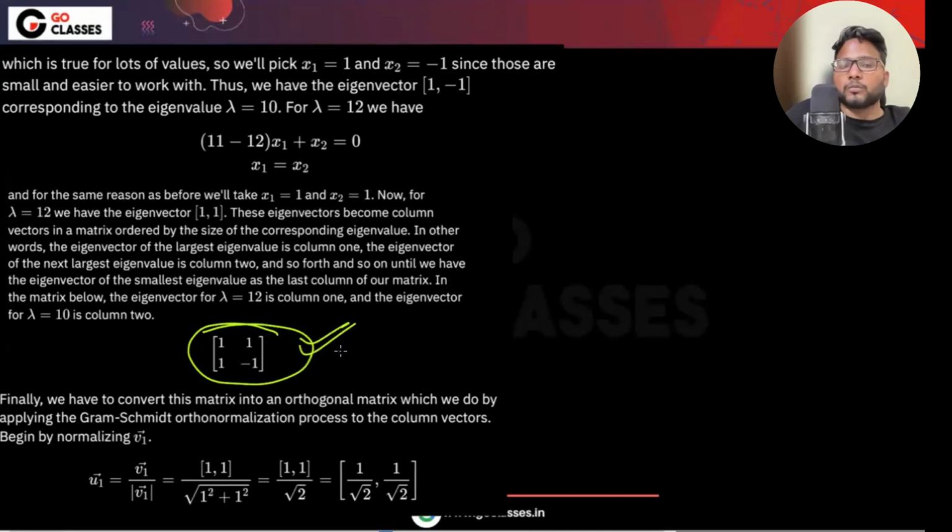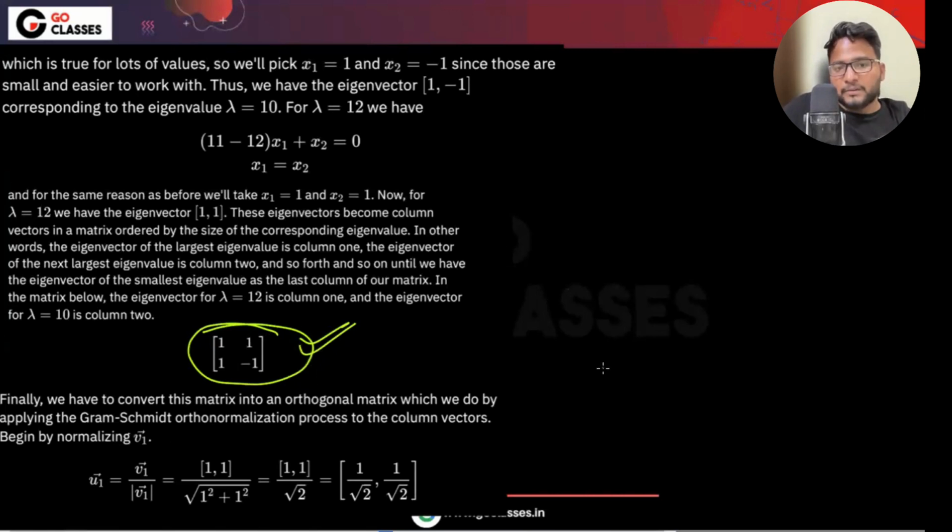I mean, it need not be the case that eigenvectors are orthonormal, because for a square matrix it need not be symmetric. If it is a symmetric matrix, then I think it is fine, right?